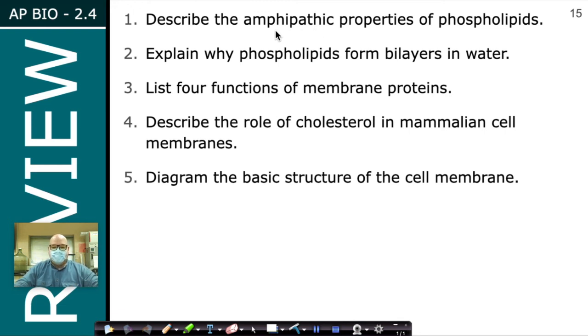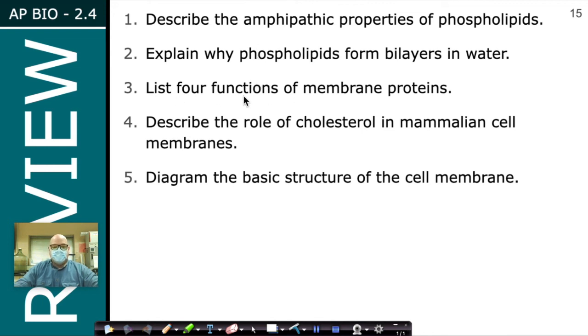This means that it's hydrophobic on one side and hydrophilic on the other side. So that's one of the terms that you'll want to know. You want to know why they form bilayers. They form bilayers because they either want to hide from the water or they want to point toward the water.